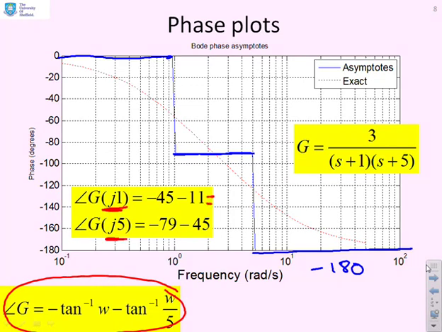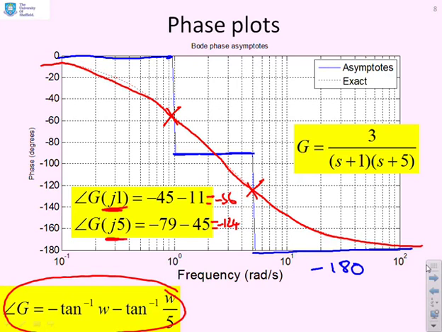So you see what you get. Here you get minus 56, and here you get minus 124. So I mark those two values there and there, and now all I need to do is use the asymptotic information, go through those two crosses, and you'll find that the curve is not far away.